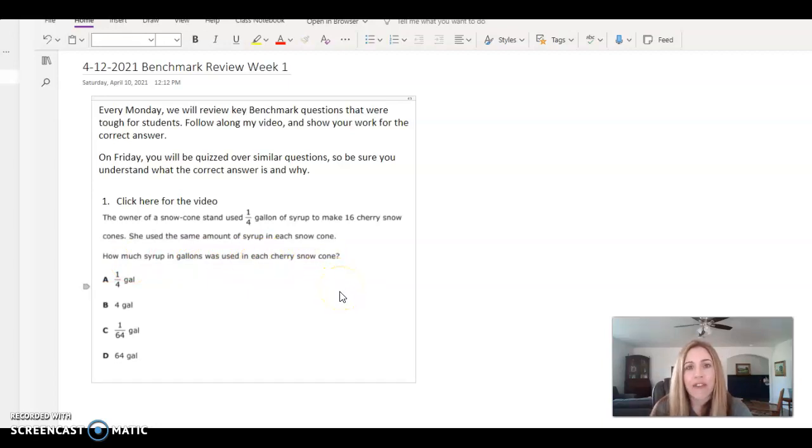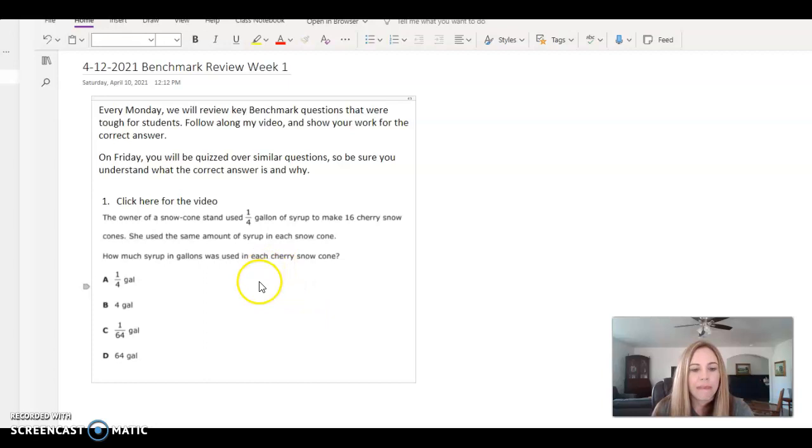It isn't asking for how much syrup was used altogether in all 16 snow cones, is it? No, that would be asking for the total. And it's not. It's asking for what is in each group. We know that if we're not looking for the total, we're looking for what's in each group, then we must be dividing. And this is where several kids made a mistake.